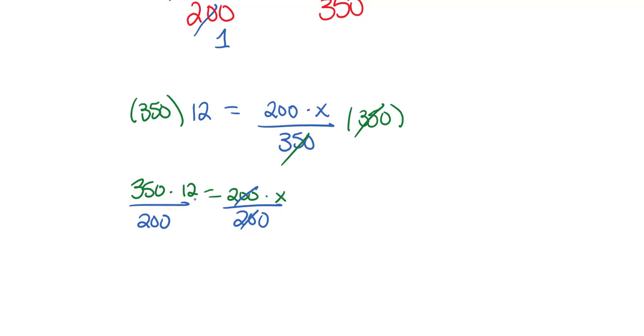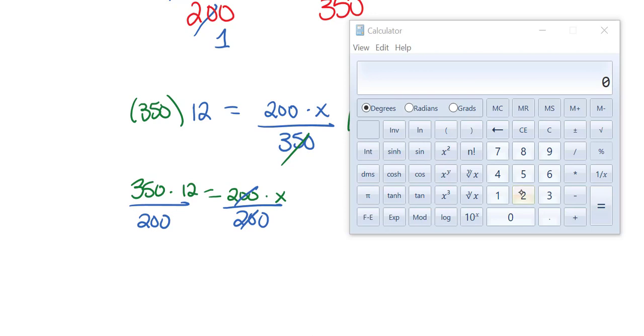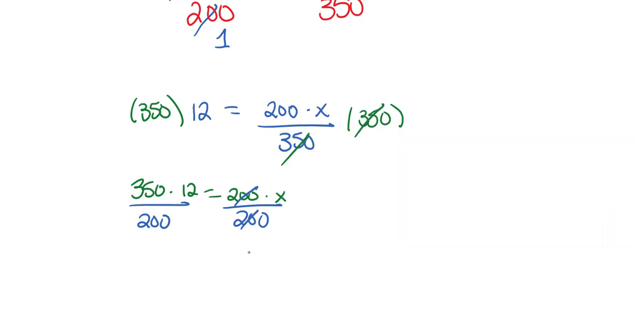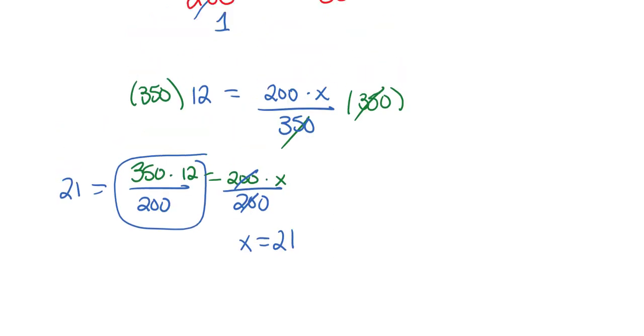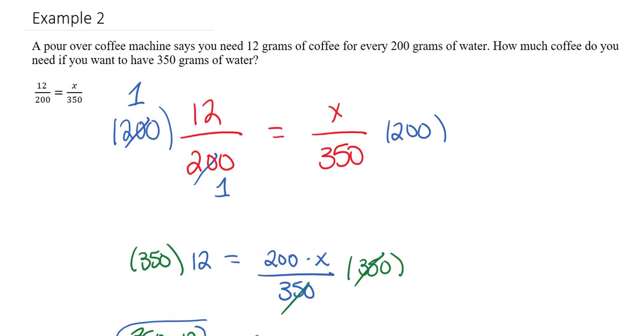So let's get our calculators out. We get 350 times 12 divided by 200, and we get 21. So x is equal to 21. When we go back, that's how many grams of coffee we need for 350 grams of water.